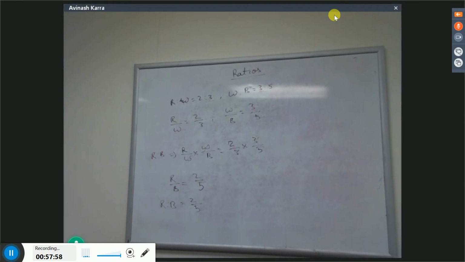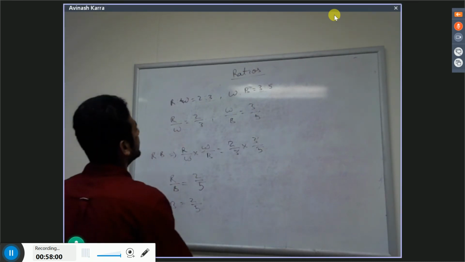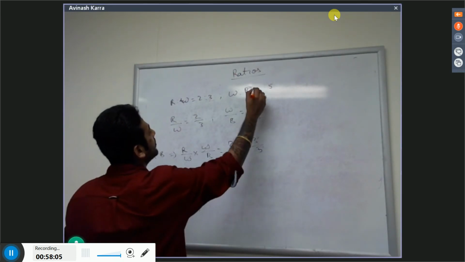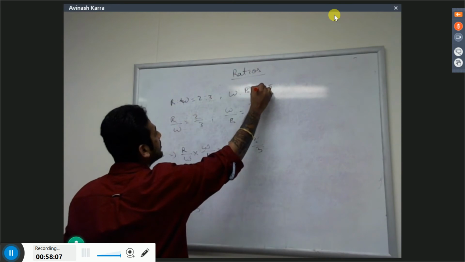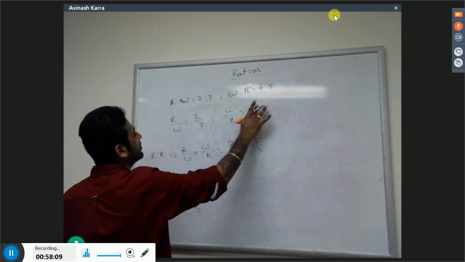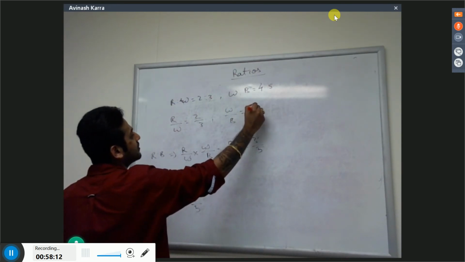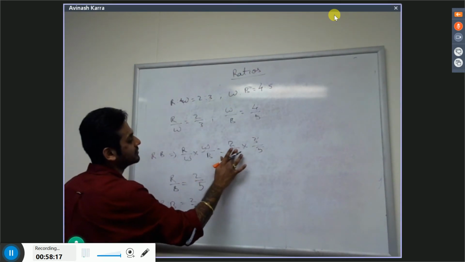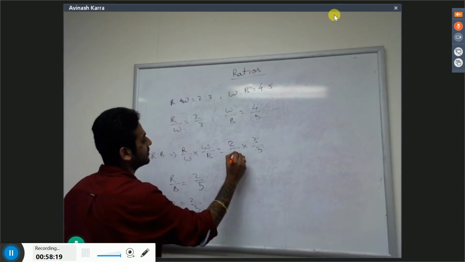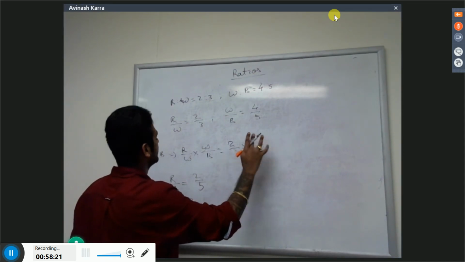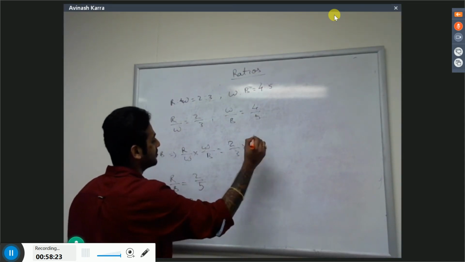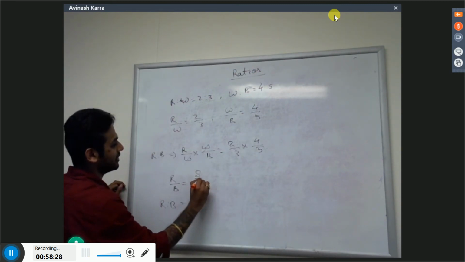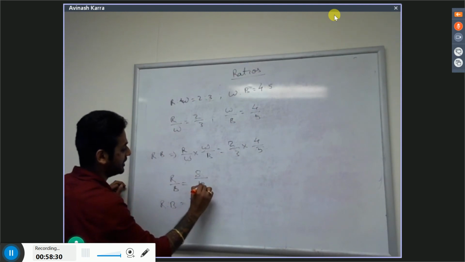2 is to 3 and 4 is to 5. Instead of 3, if it is 4, what you need to do? Apply the same concept, but here times 8 by 15.